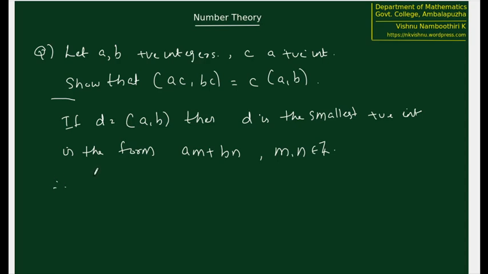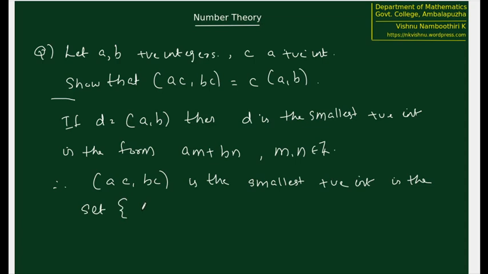Therefore, what about the GCD of ac and bc? The GCD of ac and bc is the smallest positive integer in the set of all acm plus bcn, where m and n vary throughout the integers.